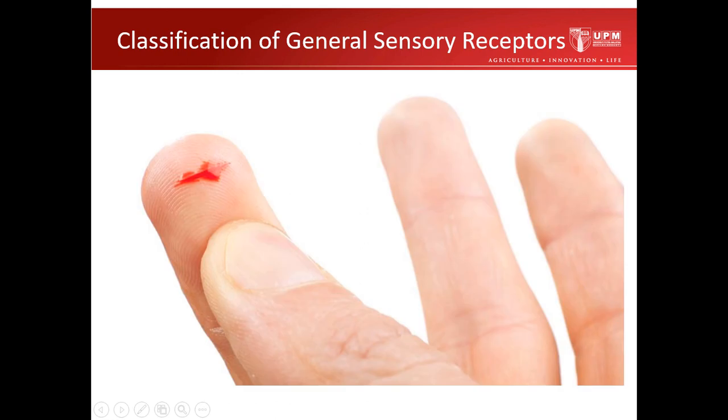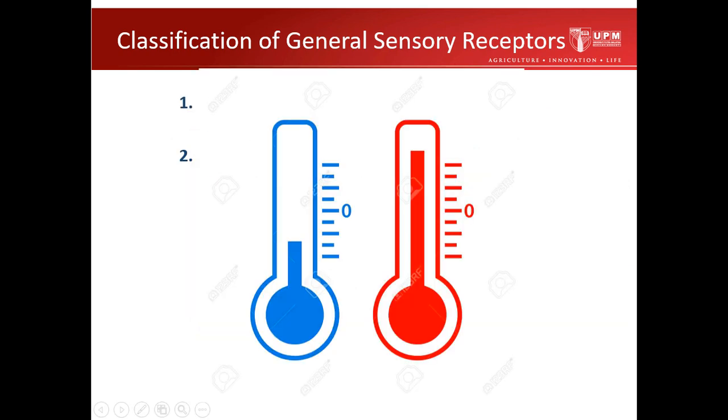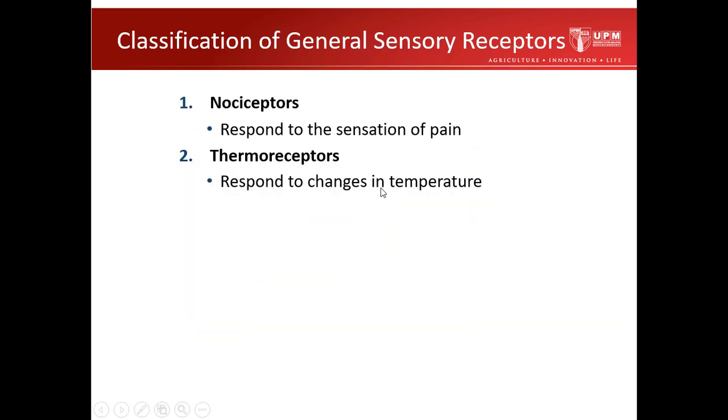So let's take a look at the classifications of the general sensory receptor. The first one is nociceptor. Nociceptor responds to the sensations of pain. Next is thermoreceptor, which responds to changes in temperature.